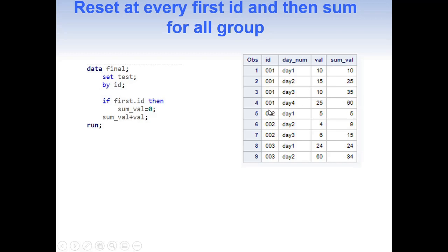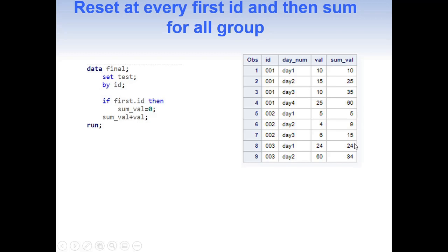And now if you see here, we are moving into a new id and this is our first dot id for 002. So again it will go back to 0, and then we are again adding our val value to this one.